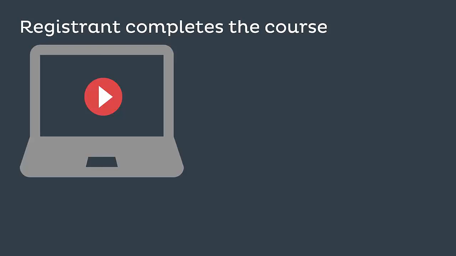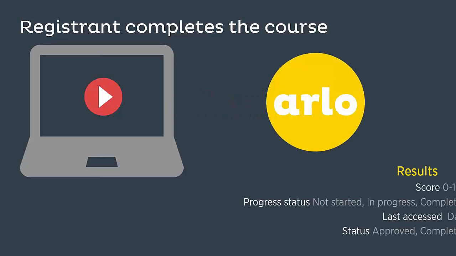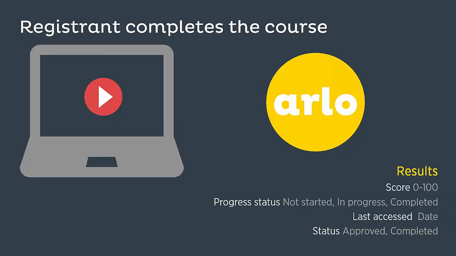Okay, so registrants will receive that link, they'll click on it, they'll go ahead and complete the course, and then what's really cool is that the result captured from that course will be fed back into Arlo afterwards. I'll touch on SCORM a little bit later, but there are standards out there that allow us to package up an e-learning course and feed back the results.